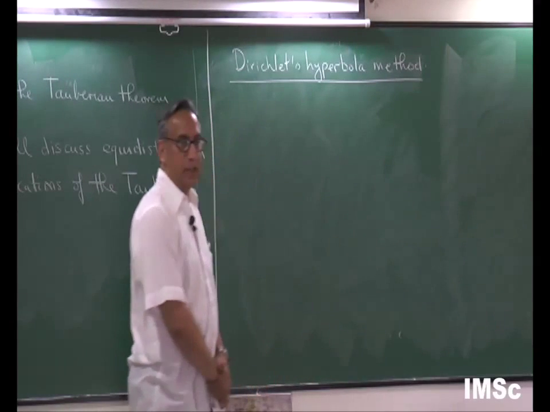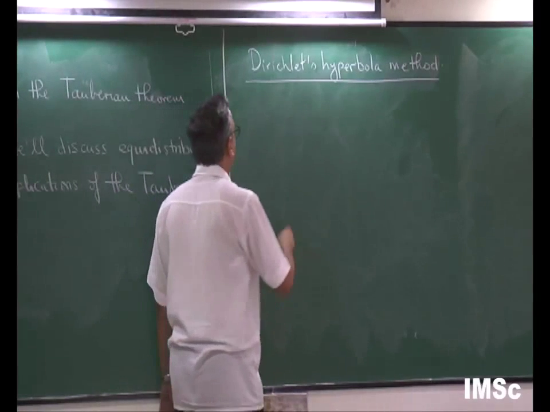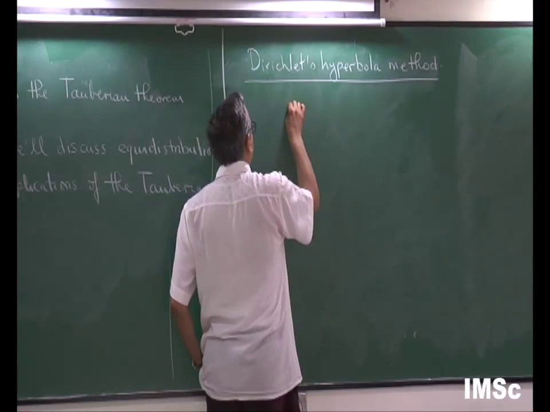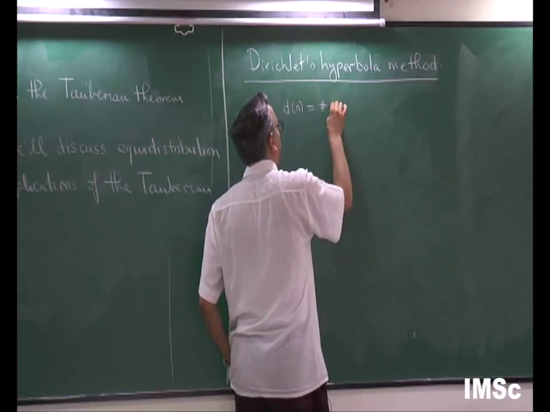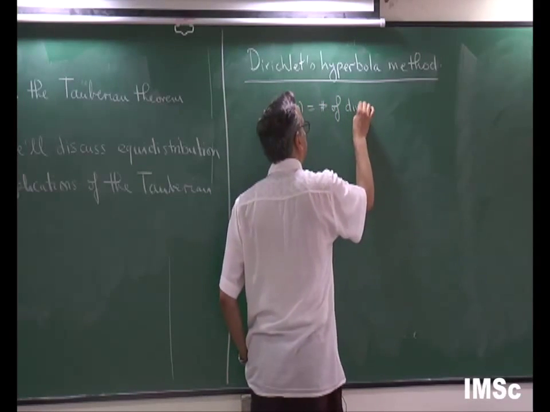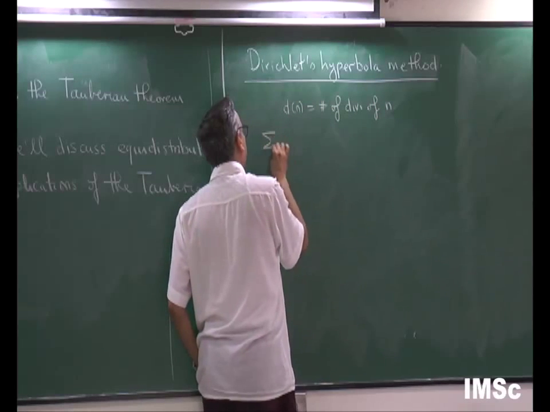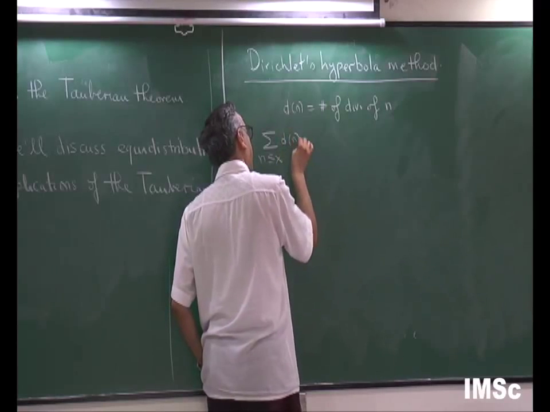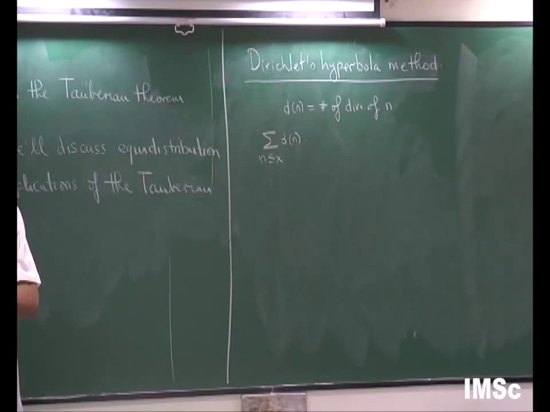So as a kind of motivating example, perhaps, let me ask you the following question. Let d of n be the number of divisors of n. Calculate the summation of d of n, find an asymptotic formula for that.